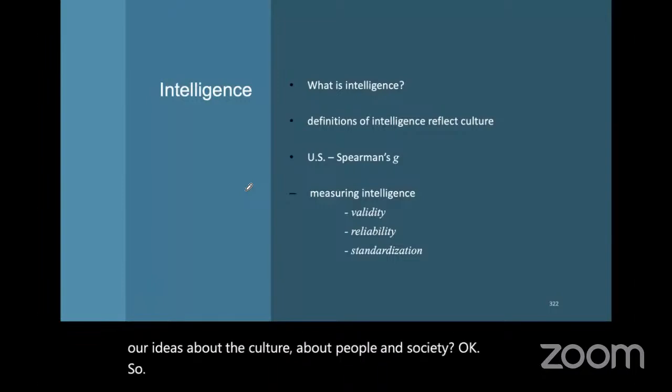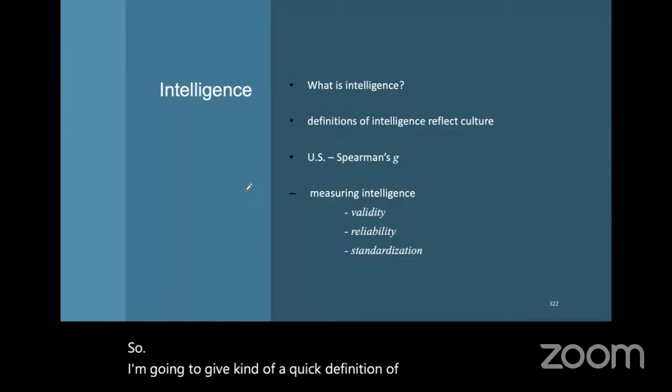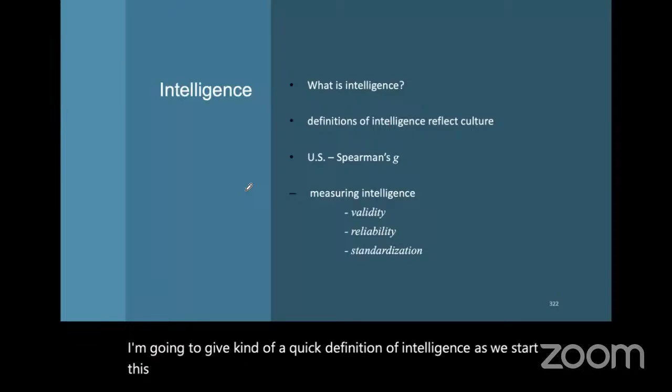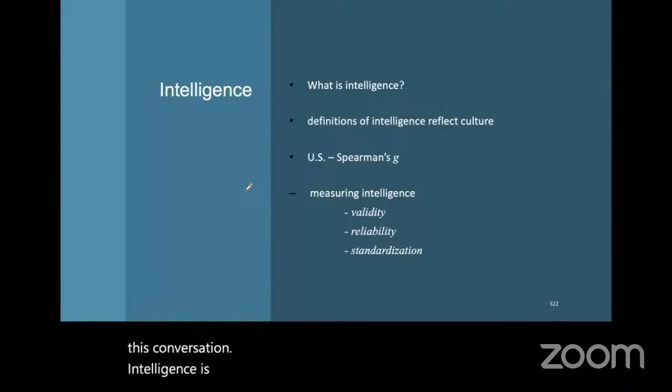I'm going to give a quick definition of intelligence as we start this conversation. Intelligence is where you should be psychologically and cognitively at a given age.